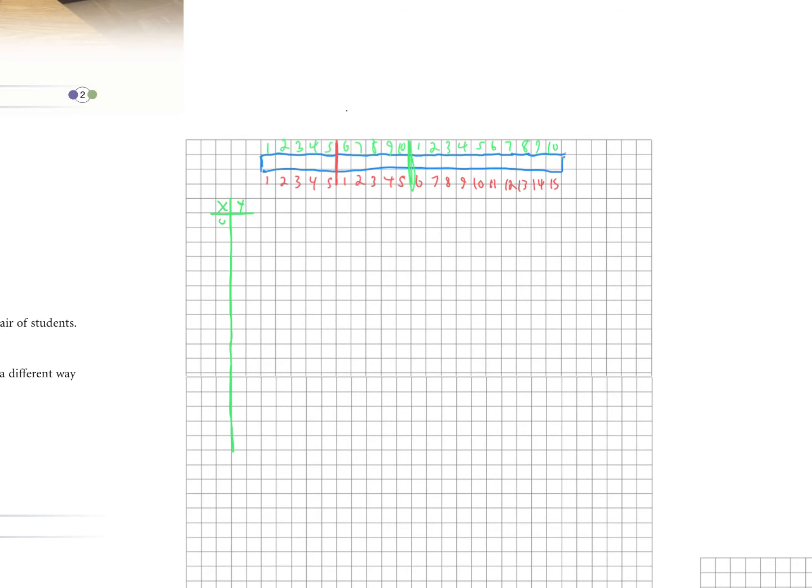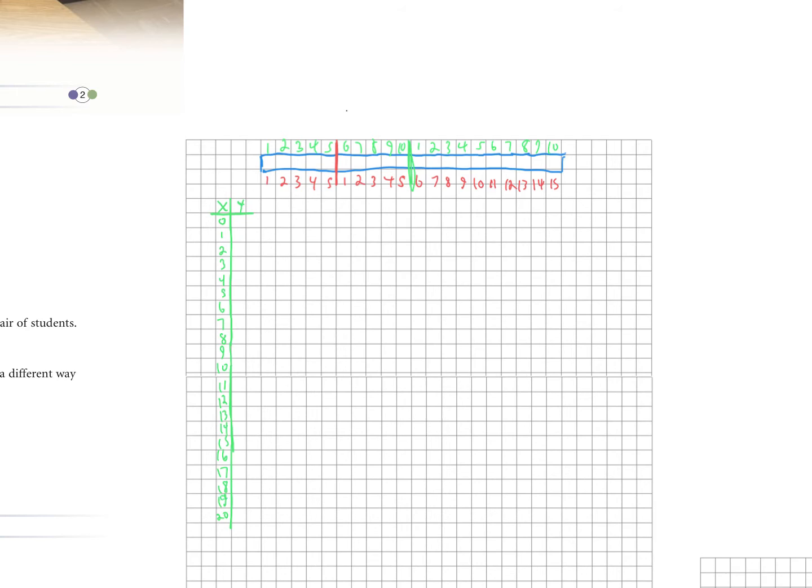I could start with 0 and then go 1, 2, 3, 4, 5, 6, 7, 8, 9, 10, 11, 12, 13, 14, 15, 16, 17, 18, 19, and 20. So there's my table of values for X.